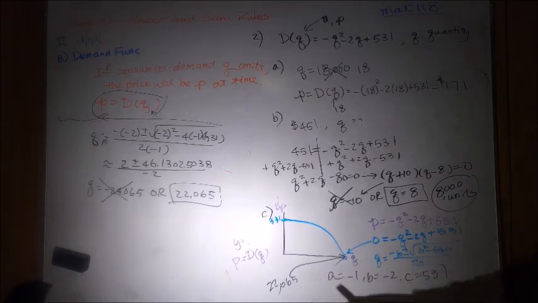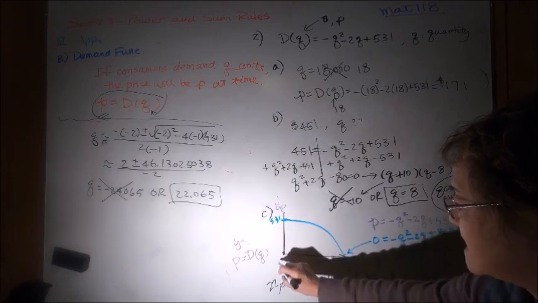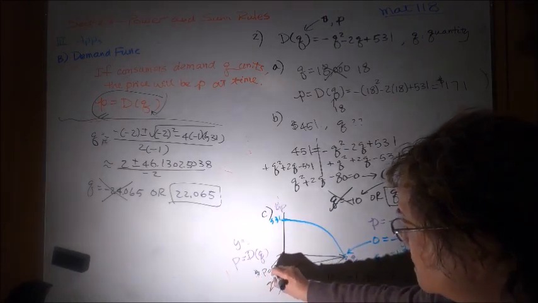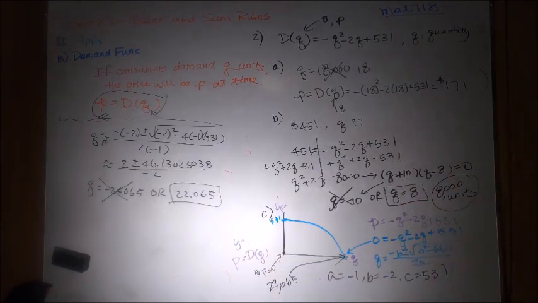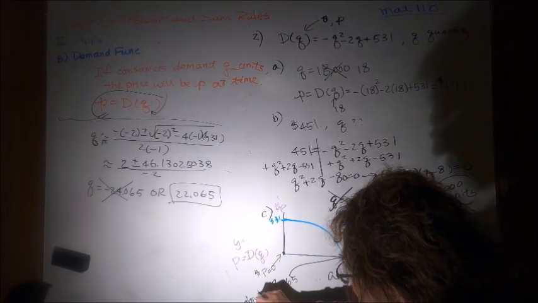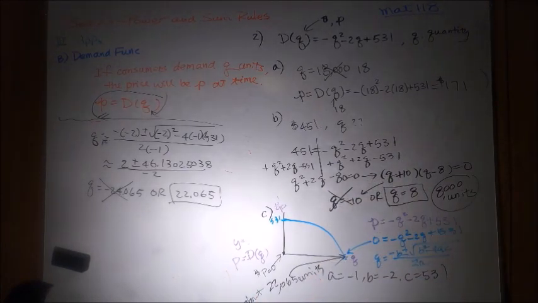So what does that mean? It means if the price P is 0, if you give away, say, $0, for free, that would be about so many units in demand.